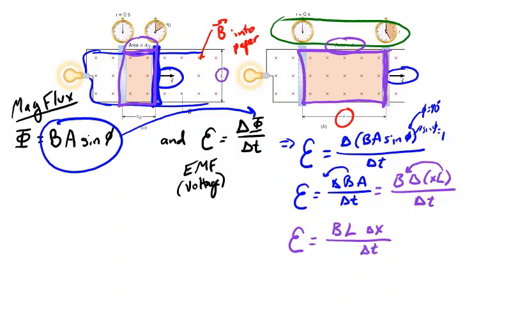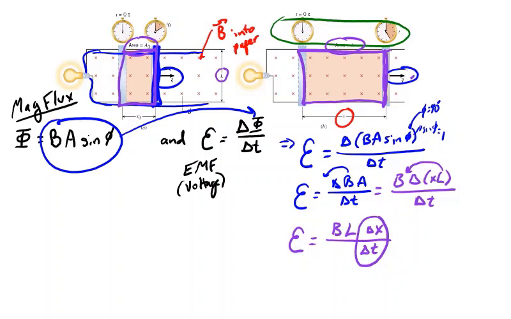Now the reason I write it like this is I remember delta X over delta t from chapter 2 in our physics 1 class. Delta X over delta t, a change in displacement over a change in time, is just velocity. So the velocity of this particle, or this particle of this beam here, is going to pop into this equation.